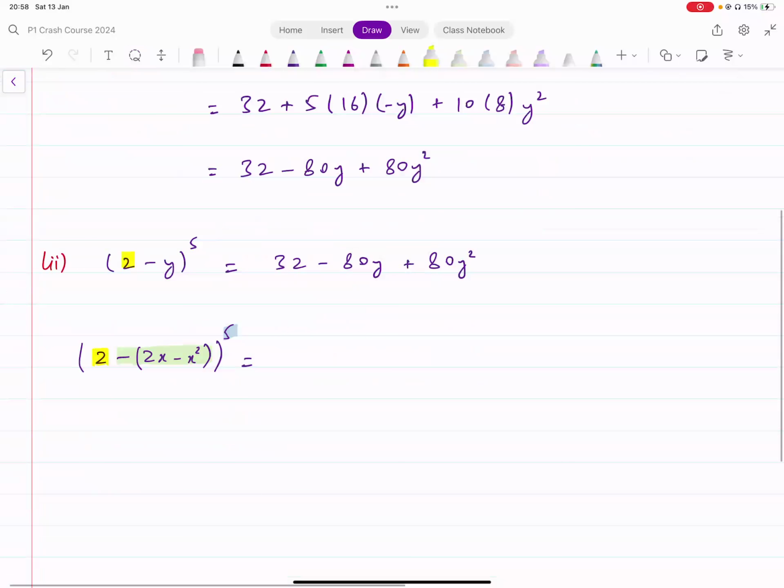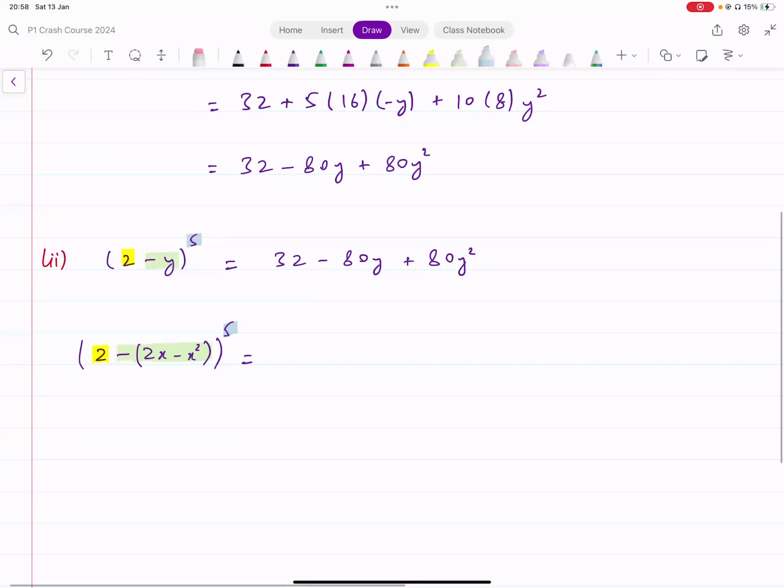If you compare with what you have in the second part now, the only thing that has changed is that in place of y, we have 2x minus x squared, I can actually write it like this first, so it's not much clutter. Yeah, so in place of y, we've got this thing. That's the only difference. Y has been replaced with 2x minus x squared.